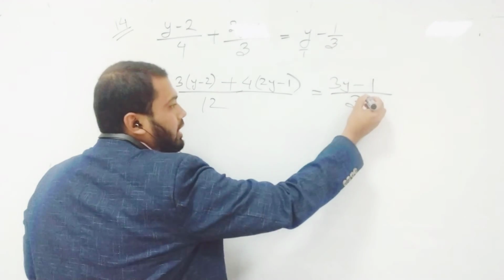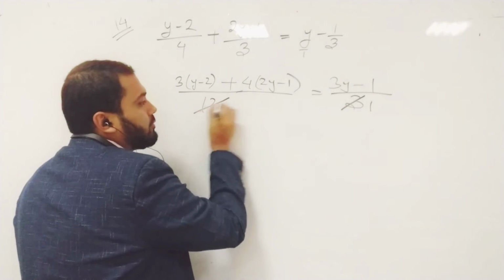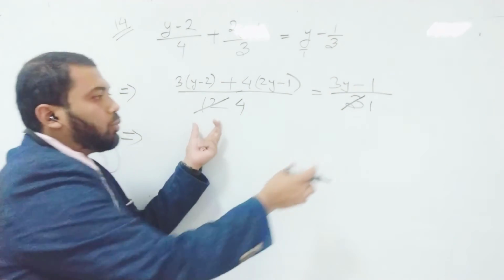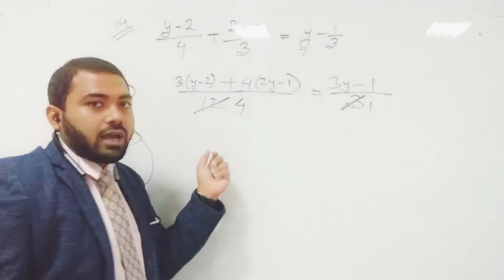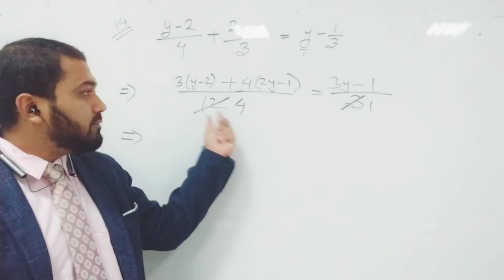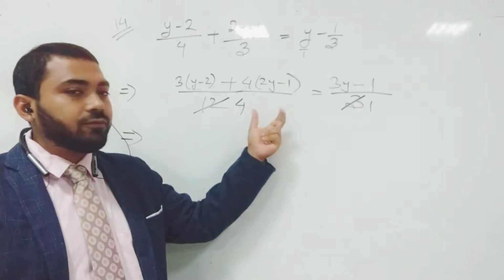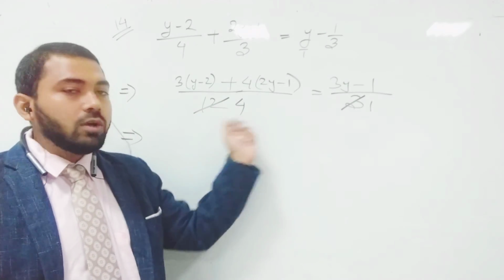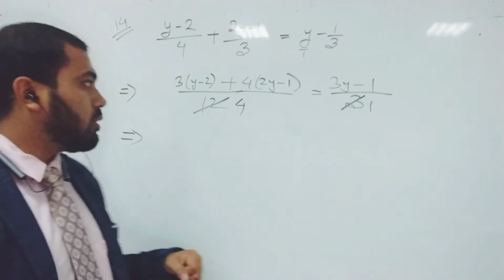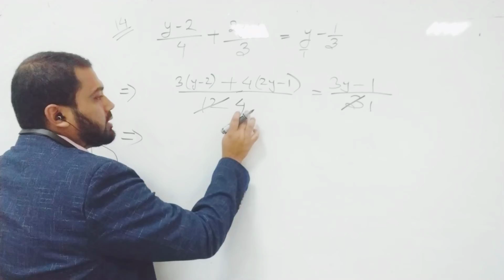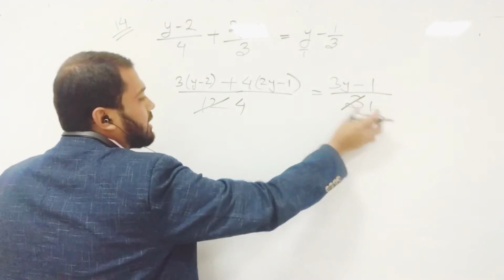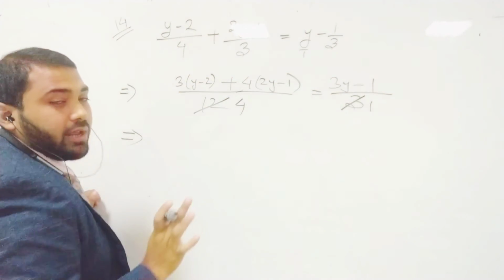Let's say 3 ones are 3, 3 fours are 12. So I just divided both numbers by the same number. Whenever you see a fraction, if we can reduce it, it's better to reduce so that the problem gets easier. Next, now over here we just have 4, and over here we just have 1. So now it will get easier.